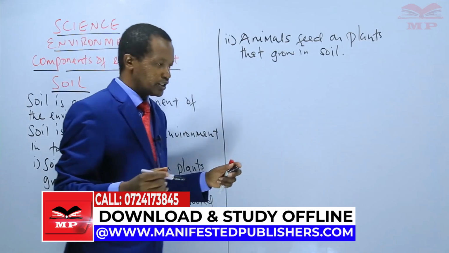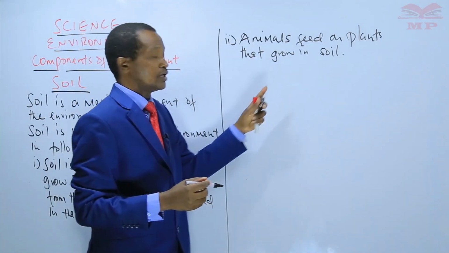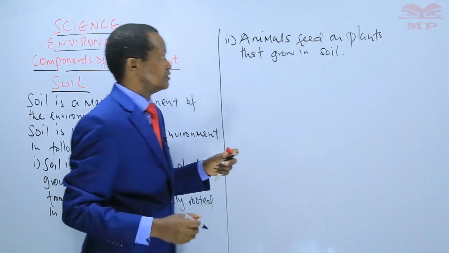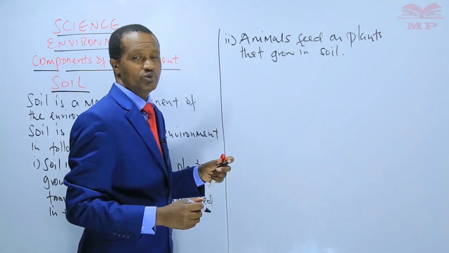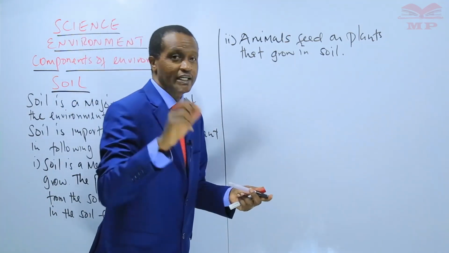So in other words, we are saying animals benefit indirectly. Animals benefit indirectly from the soil.